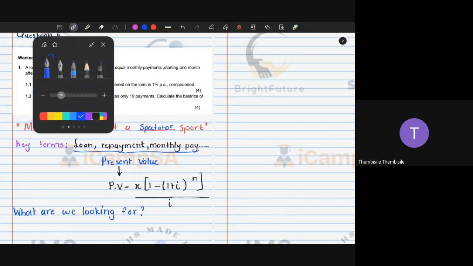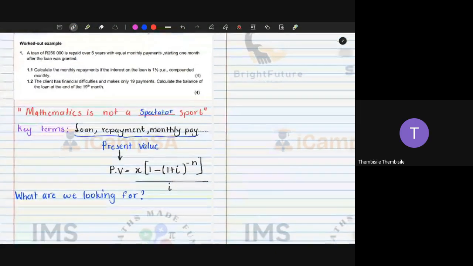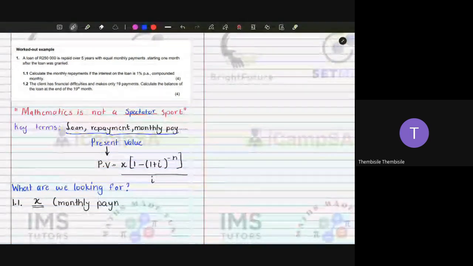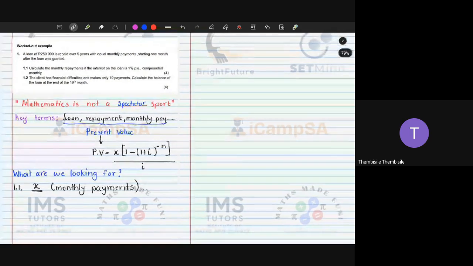And if you observe carefully, from 1.1, what we can tell we are looking for is the X, which is the monthly payments. Do you guys agree? Right. So that is what we are looking for 1.1.